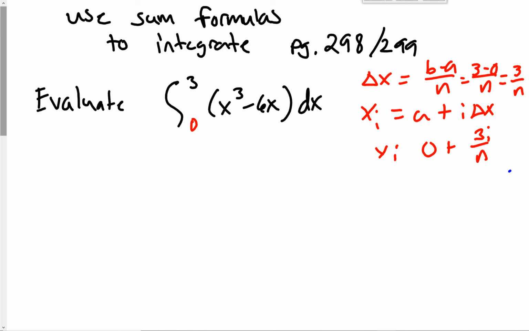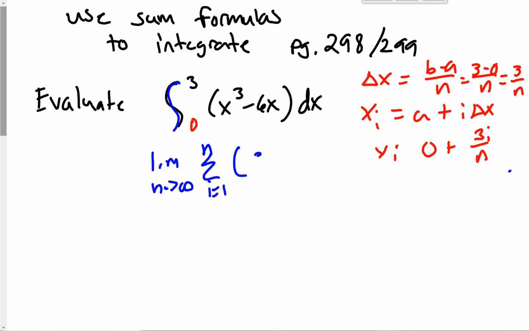So now we can start replacing this. This integral sign is the limit as n goes to infinity. Most times I'll leave this off until the very end. And then the sum formula, and I usually leave this i equals 1 to n off too, just for writing purposes. I don't have to write that much. And then I can substitute x for xi.